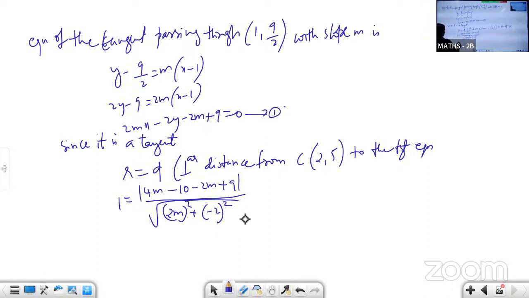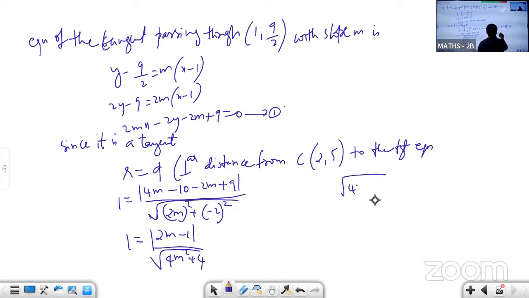Now simplify this properly. 1 is equal to (2m minus 1) by under root of 4m square plus 4. Right? Cross multiply and square on both sides.